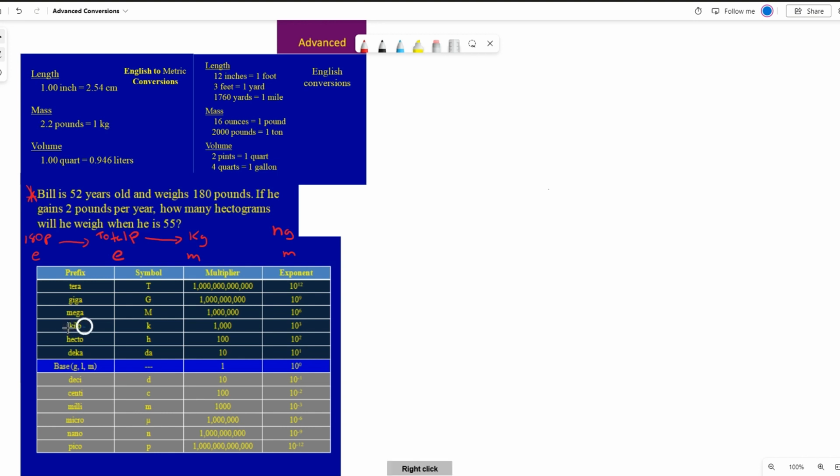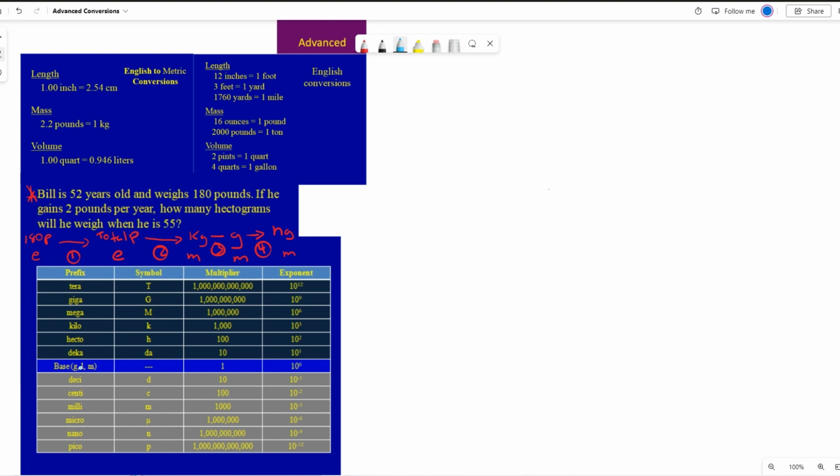Then we're going to go from kilograms down to the base unit of grams, and then from grams up to hectograms. So we'll go from kilograms to grams, and then grams to hectograms. We're looking at a total of 1, 2, 3, 4 steps that we're going to use to solve this problem.